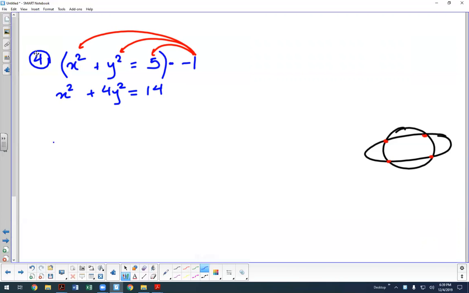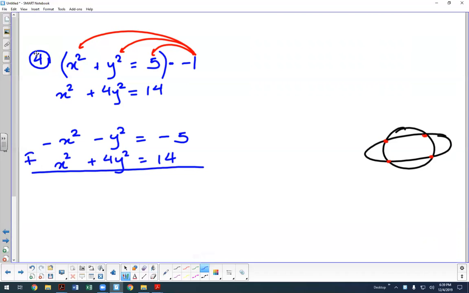So we end up getting negative x squared, negative y squared equals -5. Keeping the second equation as it is, that's x squared plus 4y squared equals 14. And now we're ready to add the 2 equations.